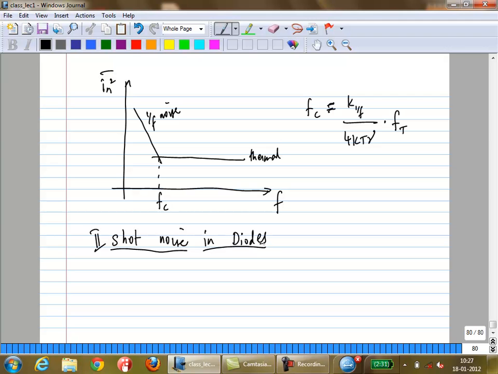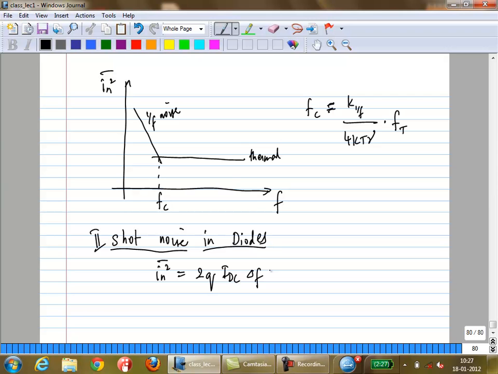Now, in diodes, if you see any diode which is carrying a DC current, that also exhibits some noise. This is white noise, and its value happens to be proportional to the DC current.